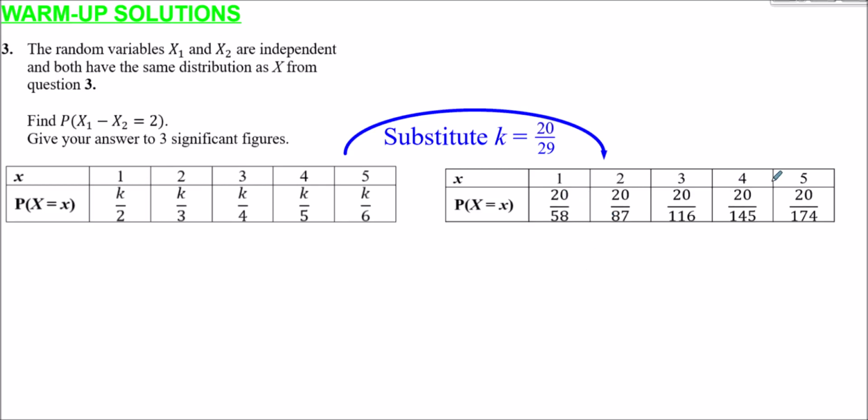Well, X1 could be 5 and X2 could be 3, because 5 take away 3 would be 2.